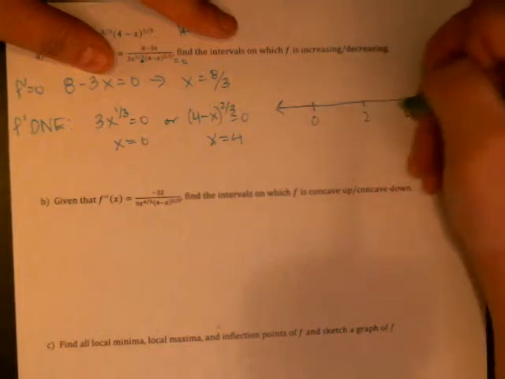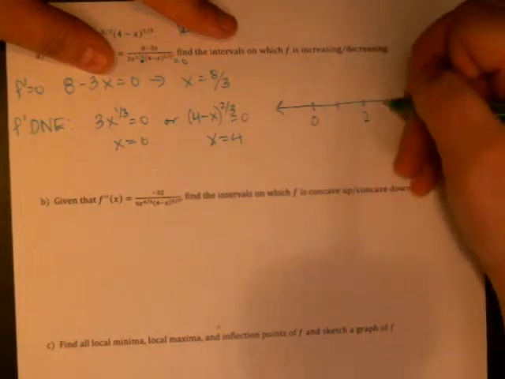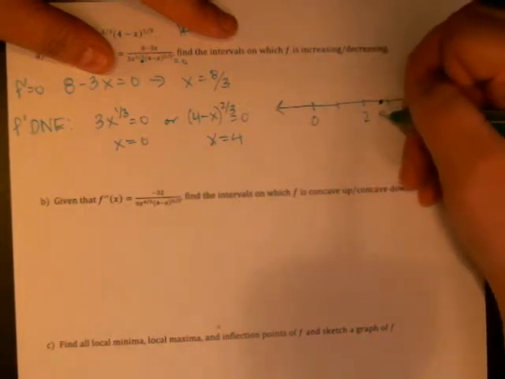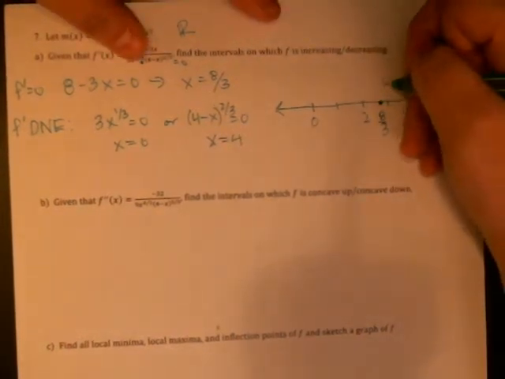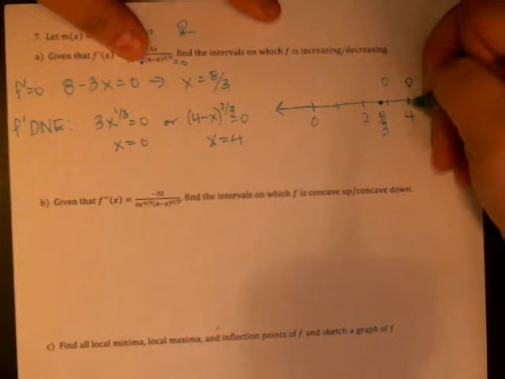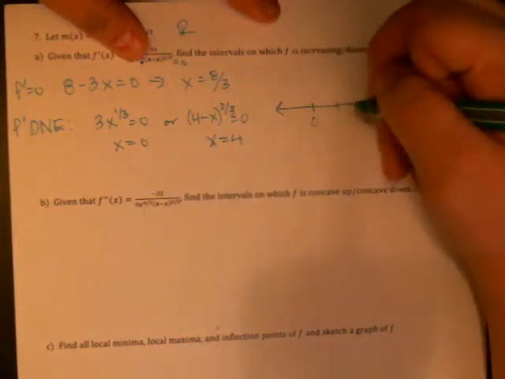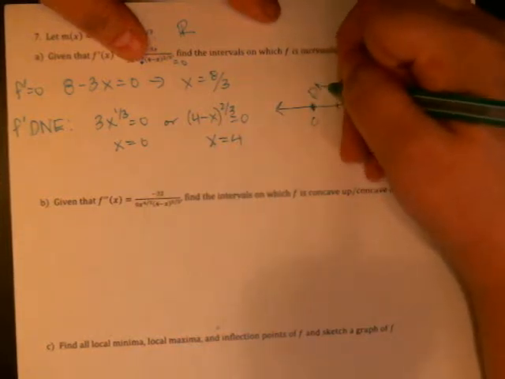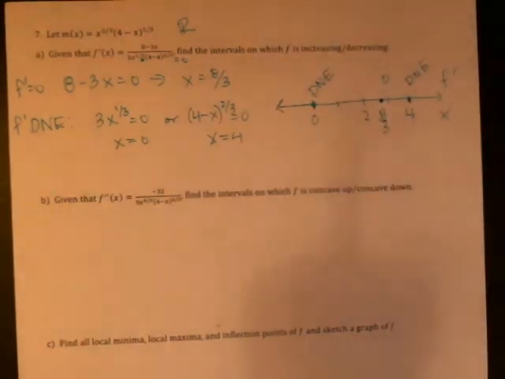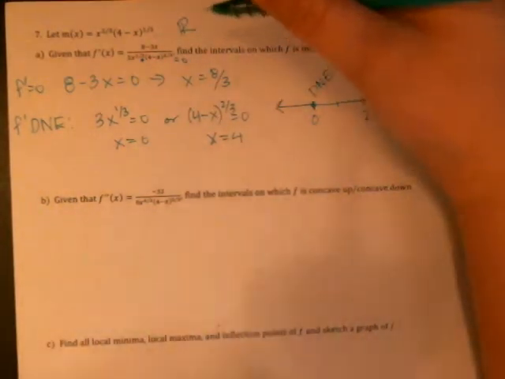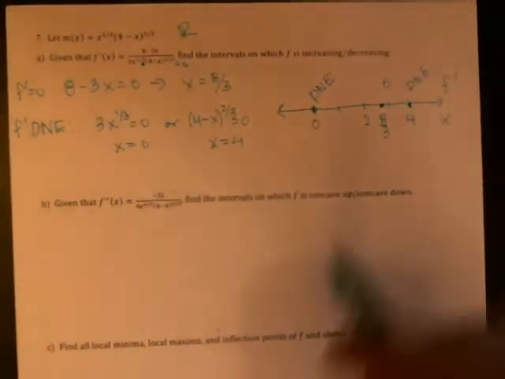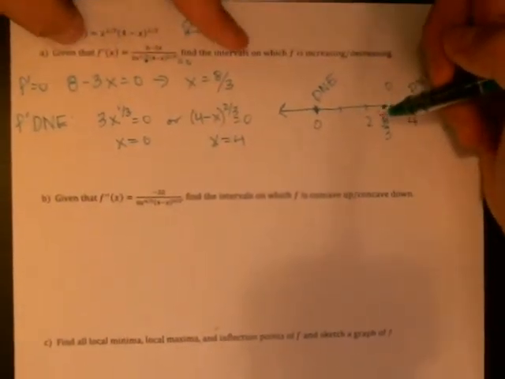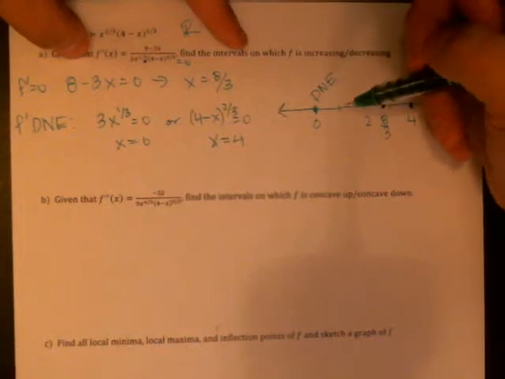So if this is 2 in the middle, right here, okay, 8/3. This was where it's 0, this was where it does not exist, and this is where it does not exist. Okay, so I'm going to need to test that derivative, the 8 minus 3x over 3 times 4 minus x to the 2/3, to figure out when it's positive or negative.